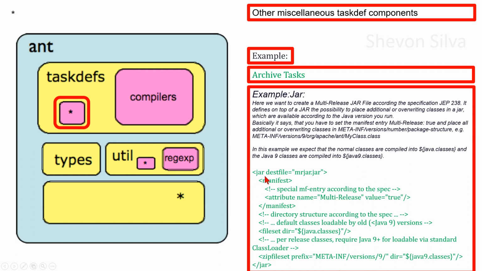Here you can see jar. It sets the jar's set of files. Here the destfile attribute is the jar file to create. Here you can see the manifest attribute, the manifest file to use.